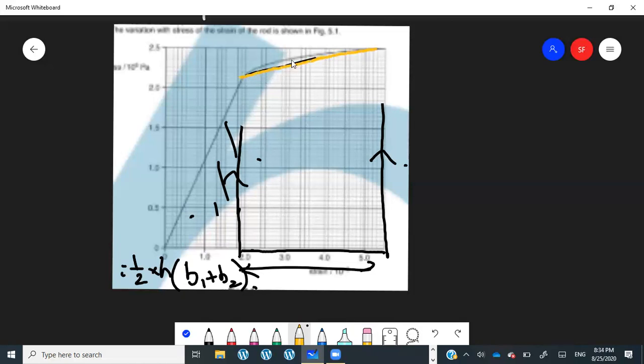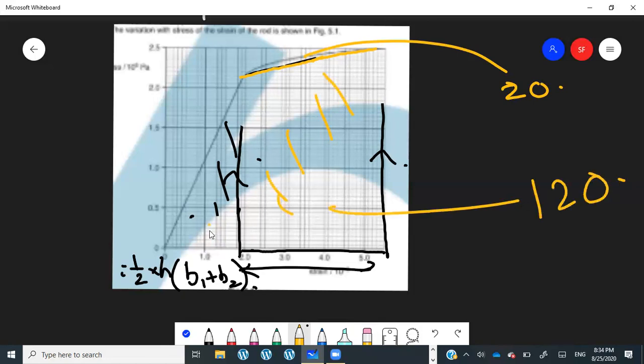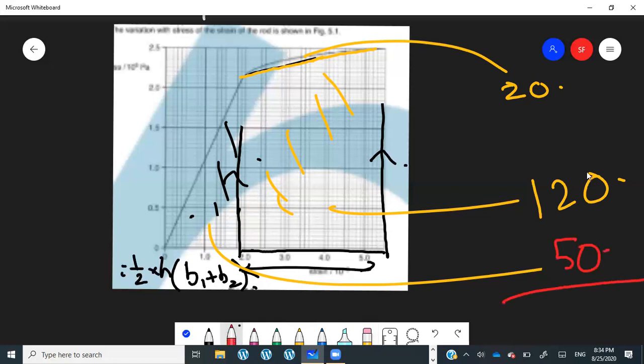The number of boxes that you get, you add the number of units to the area answer that you get. For instance, let's assume there are 20 boxes inside of this, just assuming. The area that you got from here was, let's assume, somewhere around 120. The area you got from here was, let's say, a bigger value, 50. So when you add these two up, you'll get the regular area.